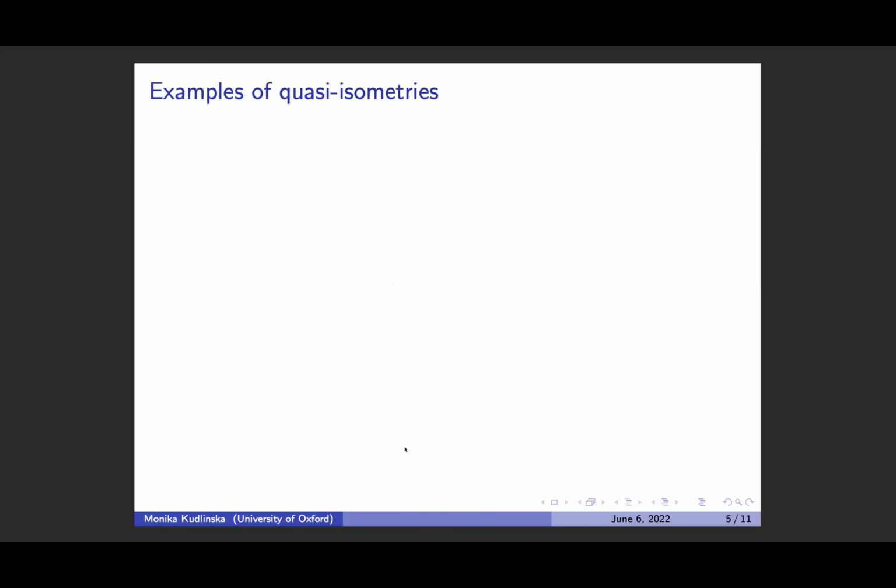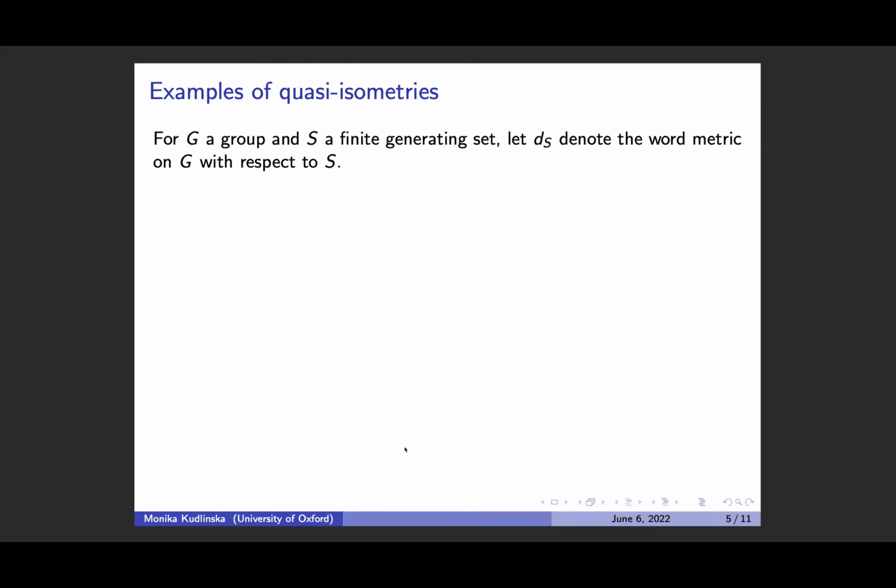Well, suppose you have a finitely generated group, and you want to study it using geometry. You want to put a metric on it, maybe. There's a very natural way to do this via a construction called the word metric.